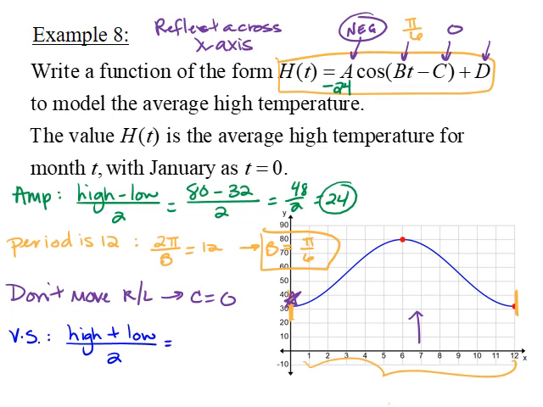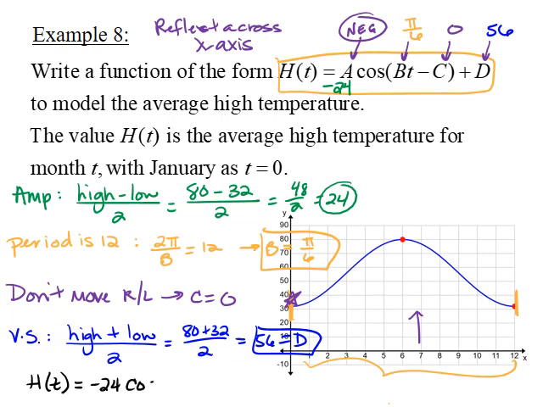When you do this, you have 80 plus 32 divided by 2. This gives you 56. So D is 56. And then we can put this all together to come up with our equation. Our equation is H of t is equal to negative 24 cosine of pi divided by 6 t. I don't have a value for c, so that is it for the argument, plus 56.